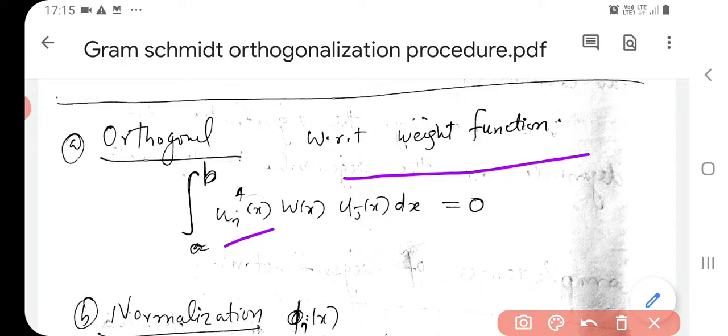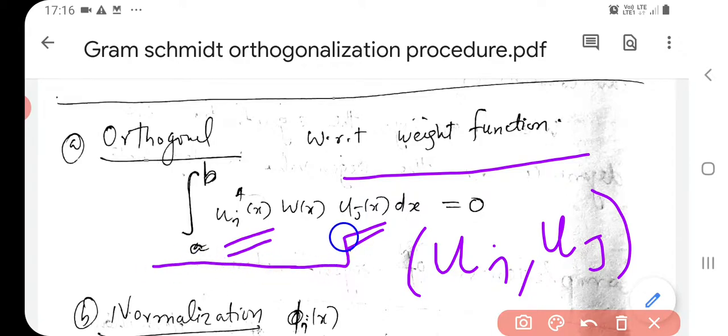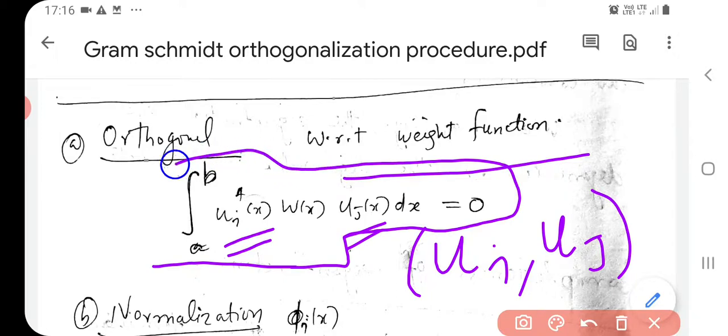If two functions are there, ui and uj, and their inner product, which you represent like this, ui comma uj, is the integral from a to b of ui conjugate x, w of x, uj x dx, and if this inner product is equal to 0, we say the two functions are orthogonal with respect to the weight function w of x. This is what is meant by orthogonality.